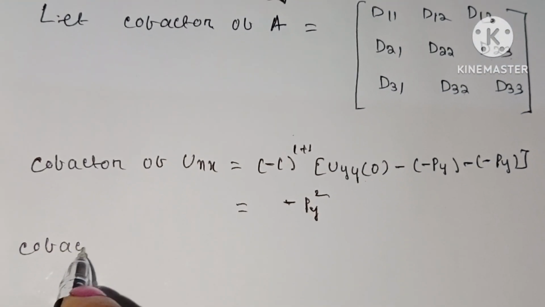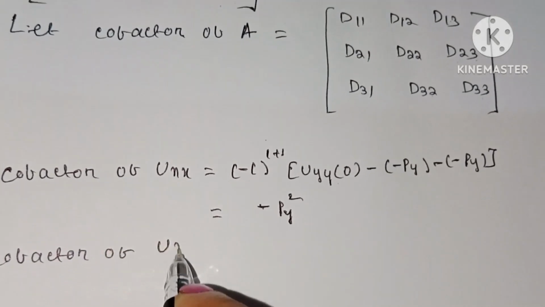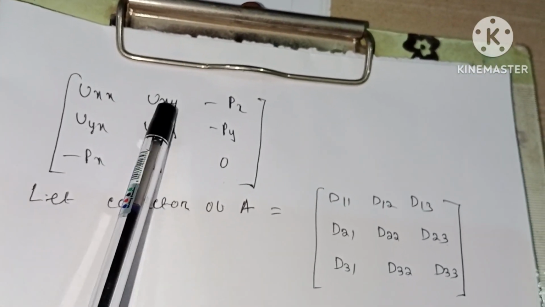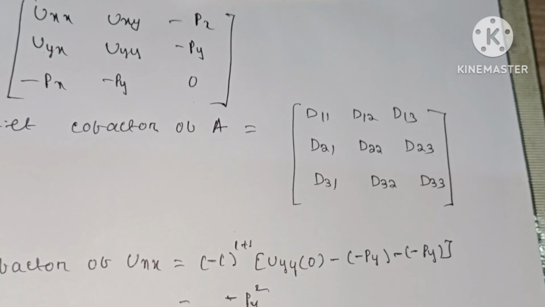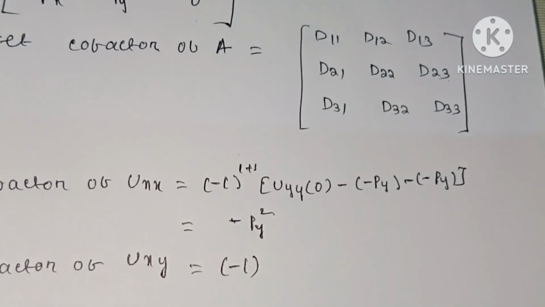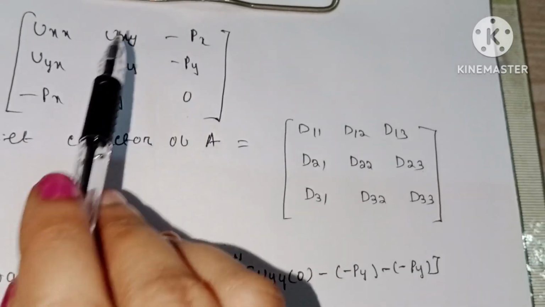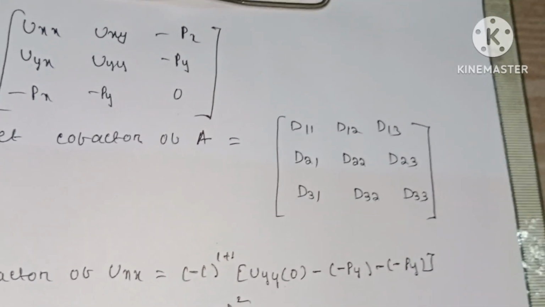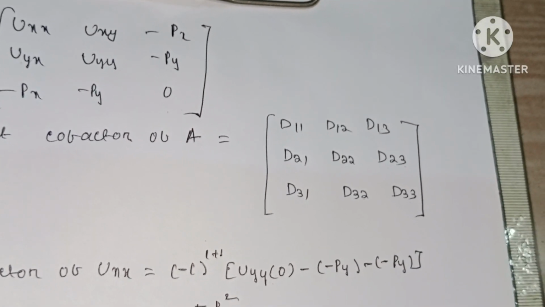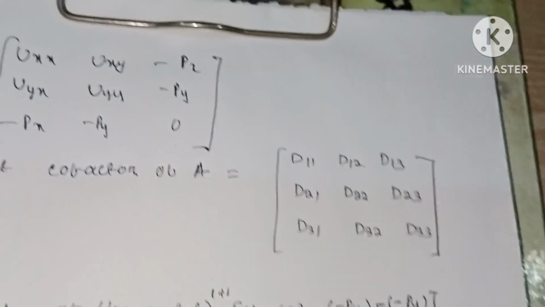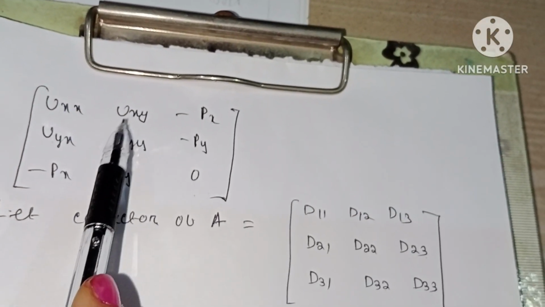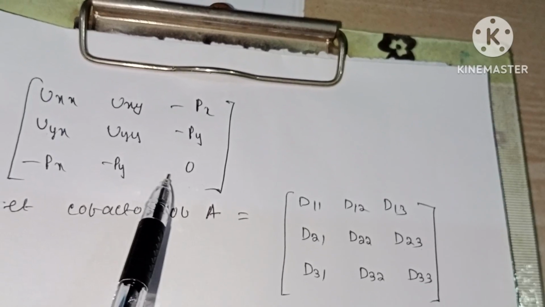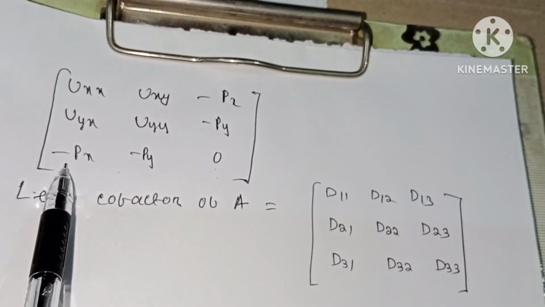The next cofactor is the cofactor of uxy. We are calculating the cofactor of uxy, that is D12. This equals minus 1 to the power 1 plus 2, with this row and this column deleted, multiplied by uyx into 0 minus py into minus px.